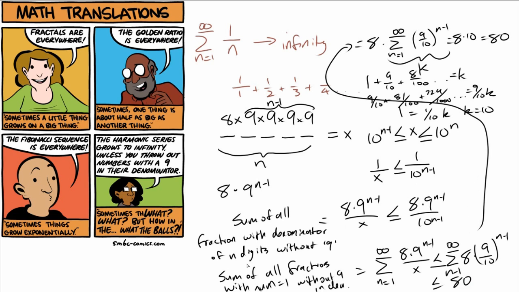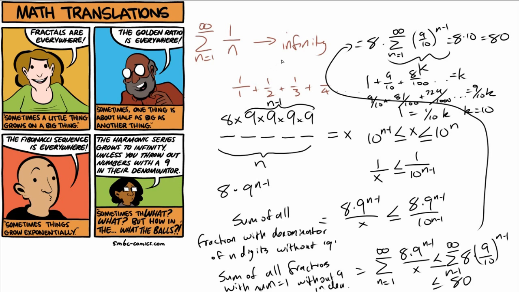So the sum of all fractions with numerator of 1 without 9 in the denominator is less than or equal to 80. So we've proven that it doesn't go to infinity, and we've proven that a harmonic series without the numbers with 9 in their denominator actually converges. And this applies to not only 9, but any number or sequence of numbers in the denominator.